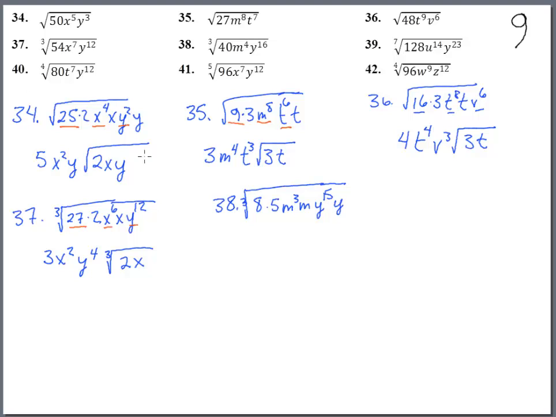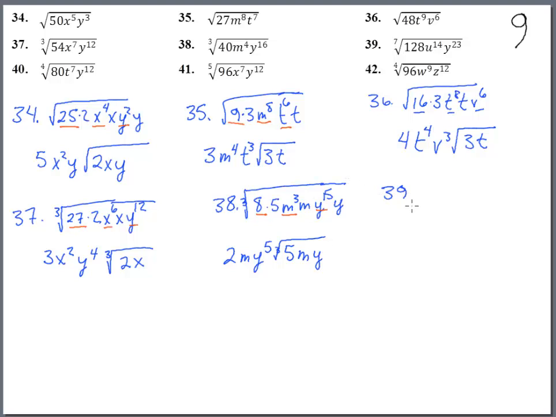So let's underline what can come out. Cube root of 8 will come out nicely, cube root of m cubed, and cube root of y to the 15th. So we get 2 m y to the 5th that actually come out, and then the 5 stays in, and an m and a y stay in.